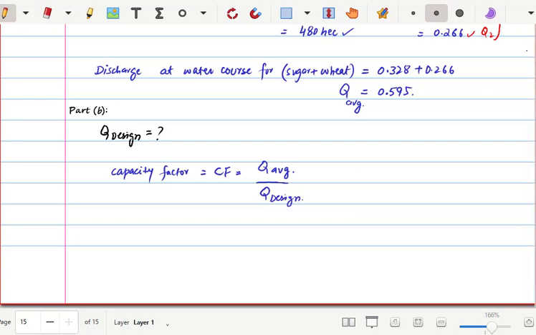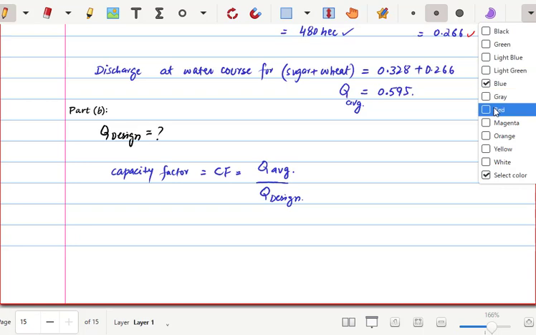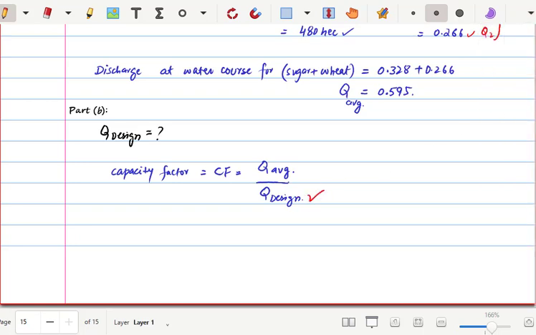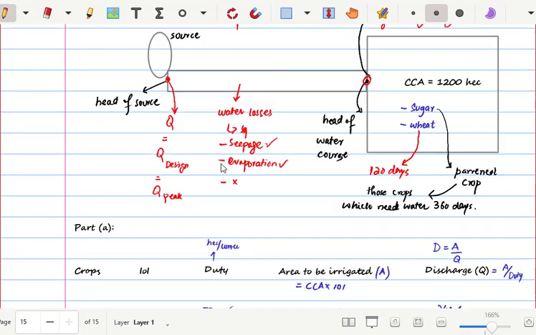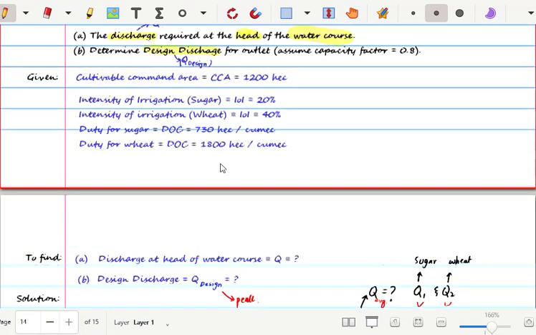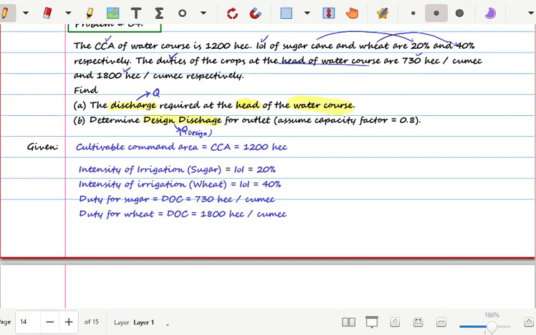Okay, so you can see that from here we can find the Q design. We already have the value of this one, and we are given the CF, capacity factor. We need to assume the capacity factor as 0.8. It is given to us.